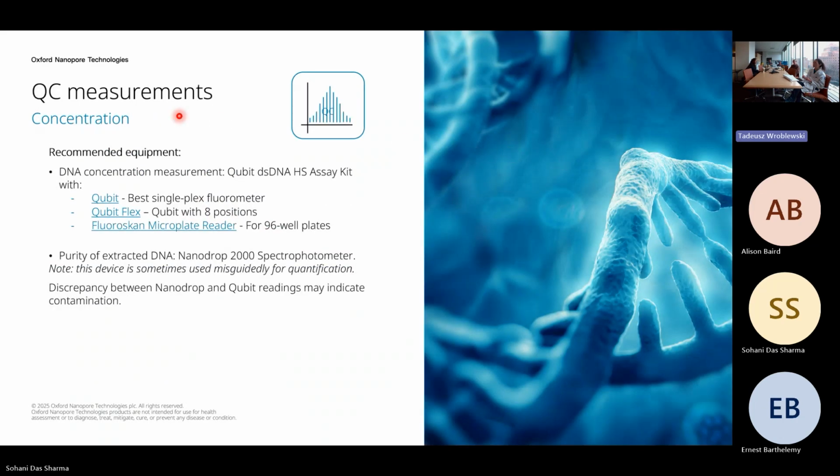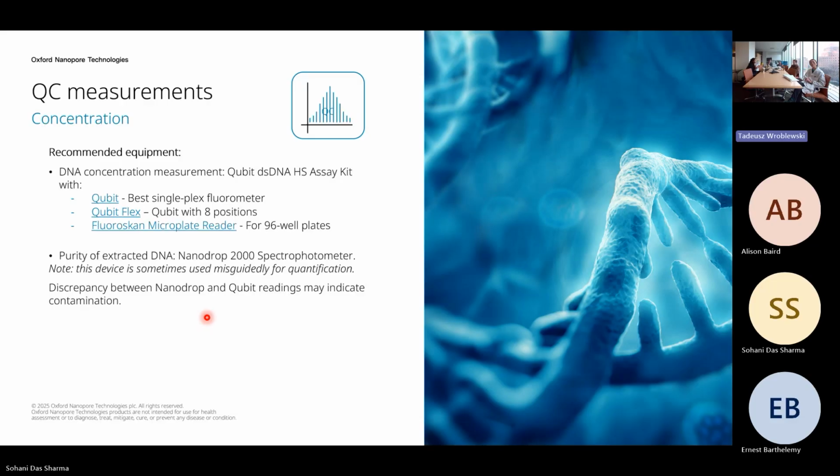These are the very standard QC measurements we suggest, and please do them all the time because they are very important. One is that for any kind of quantification, it should be Qubit. The reason is that Qubit is a fluorescence-based method, not an absorbance-based method. In NanoDrop, because it is absorbance-based, it also gives signals from any free nucleotides, any ATP or NTPs that are present.